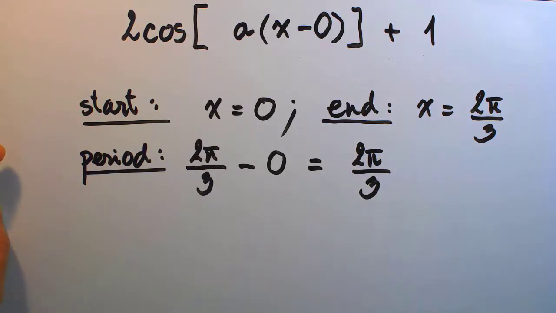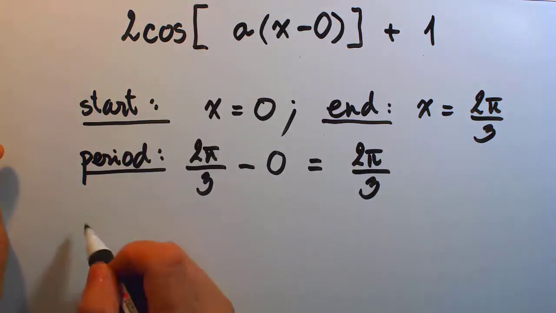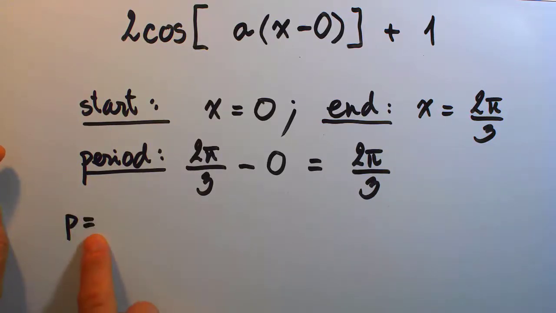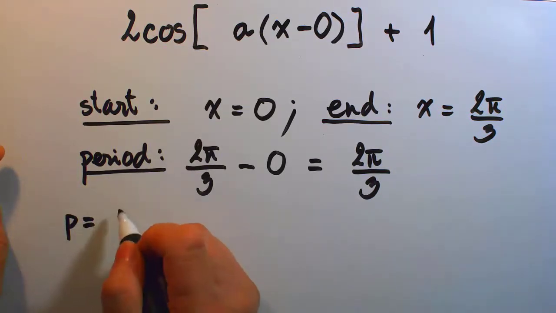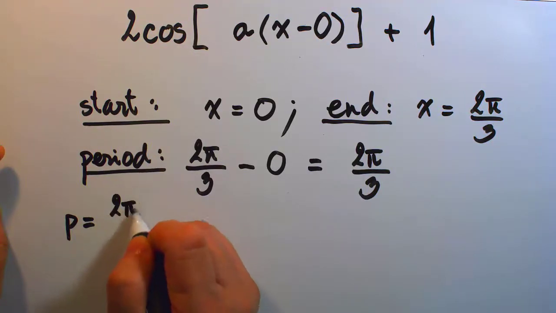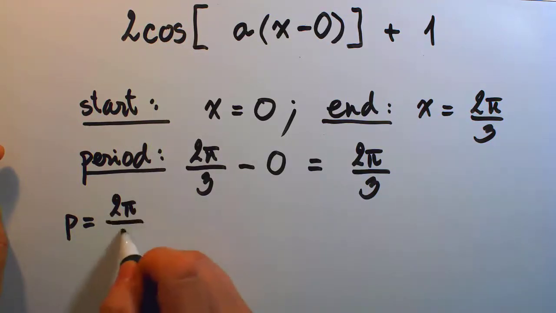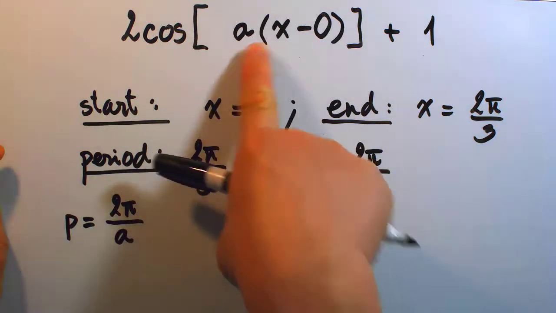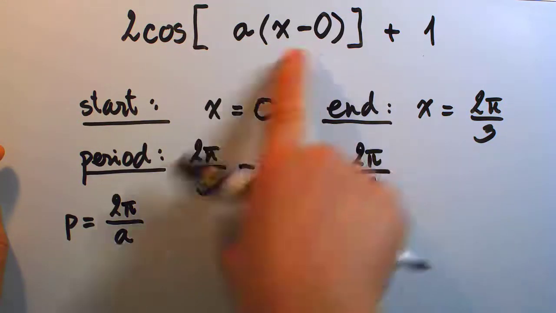Remind yourself that the period on any cosine function is the standard cosine period 2 pi divided by a, which is the coefficient a we're putting in front of our x minus the start point.